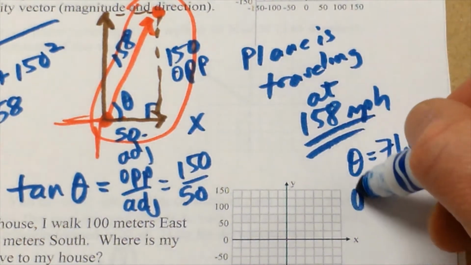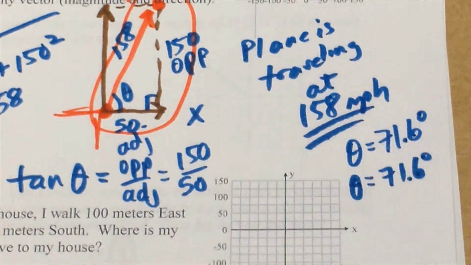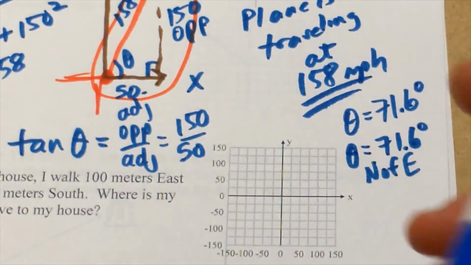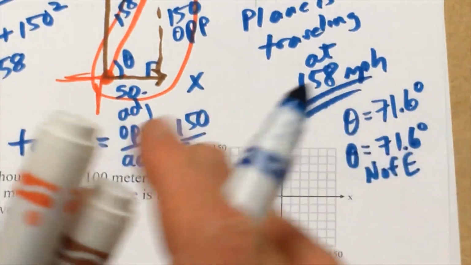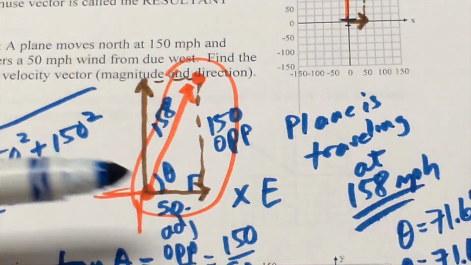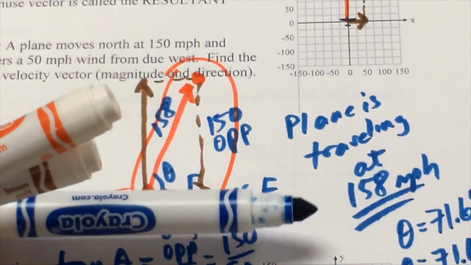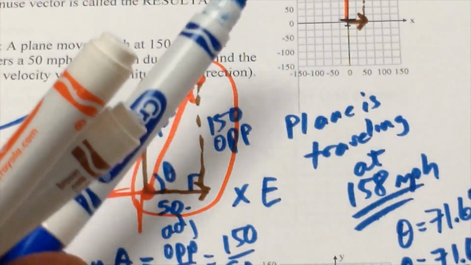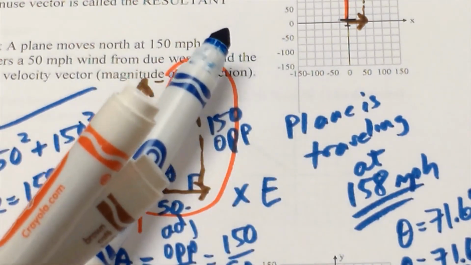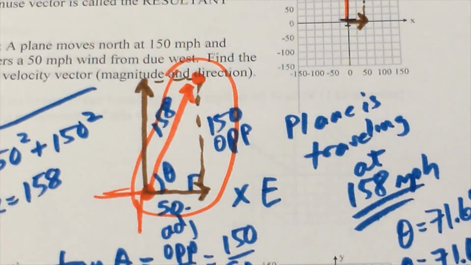Or we could say then the theta is 71.6 degrees north of east. So if you're looking east, which is what the x-axis is, right? If you're looking east, you're going to shift your body 71.6 degrees north of east. And that will put you in line with the direction of the airplane.